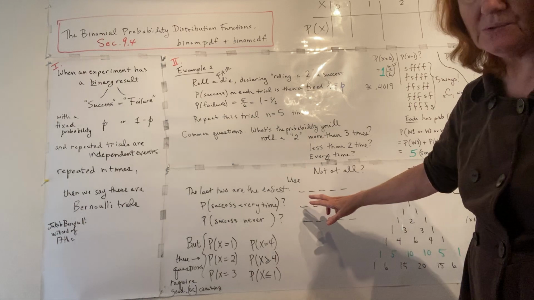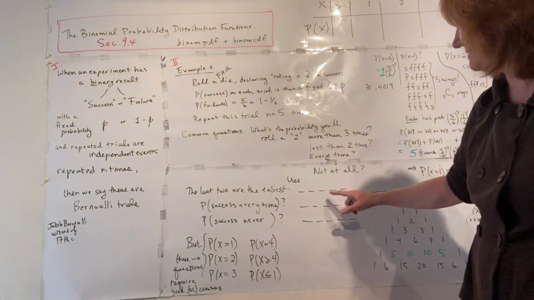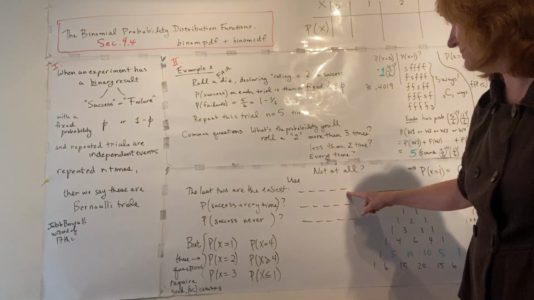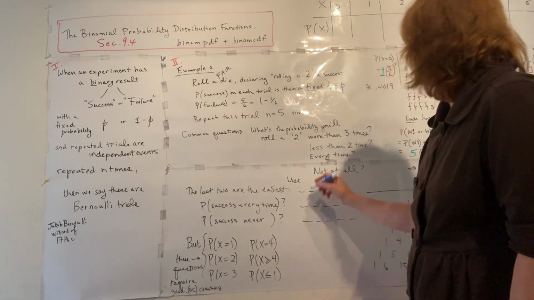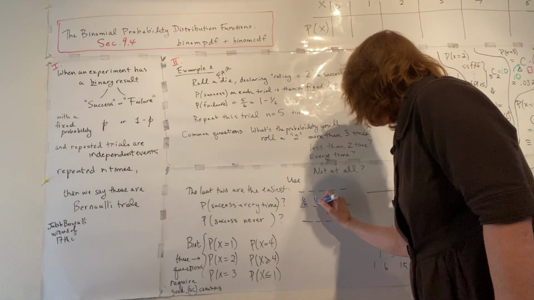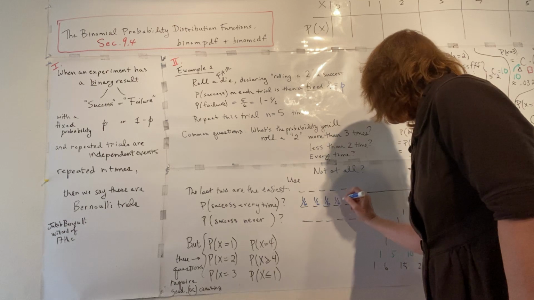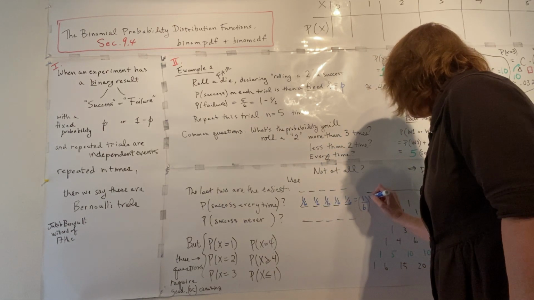We can solve those just by drawing some of these helpful blanks, right? And saying, okay, there were 5 throws. The probability of success every time, well, what's the probability of success? 1/6. So 1/6 times 1/6 times 1/6 times 1/6 times 1/6. Oh, that's just 1/6 raised to the 5th.